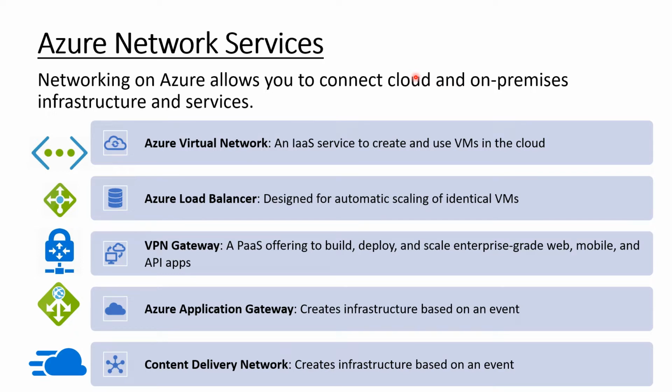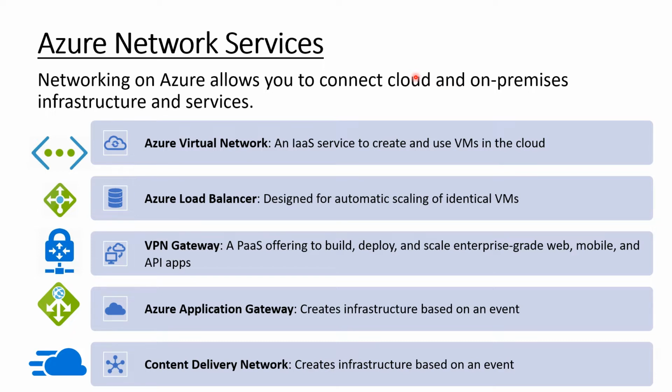Like it has a pool of VMs, it could be two or more, so that if there is any application hosted on those VMs, you can place a load balancer in front of them, and that way you can have high availability for your service.